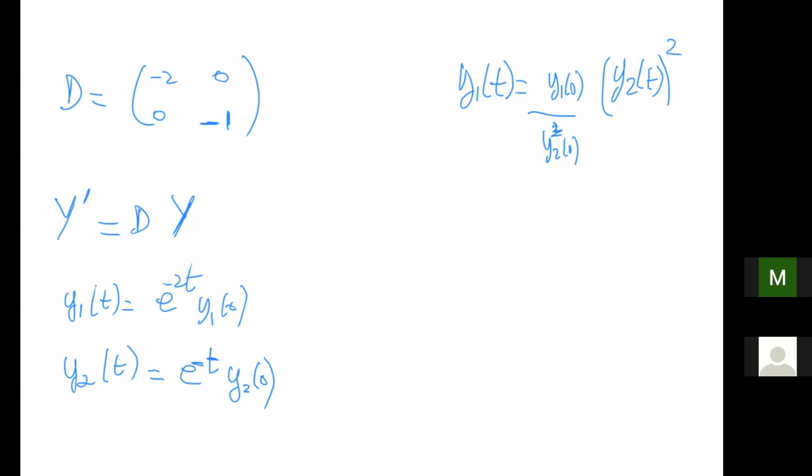If I put here my y1 and here my y2, I have something like that. Okay, so let's try to run it. We are going to make simulations again around that.